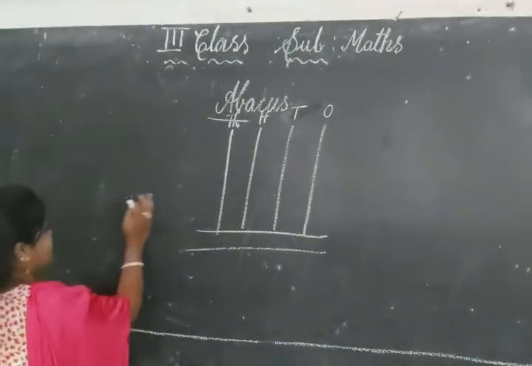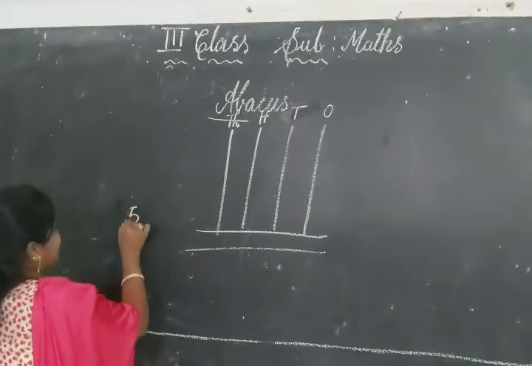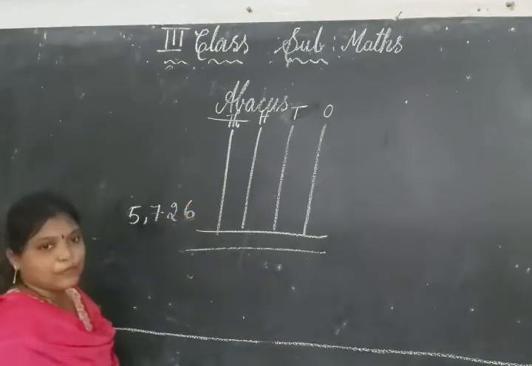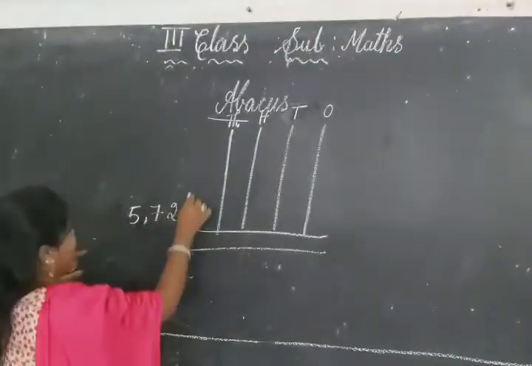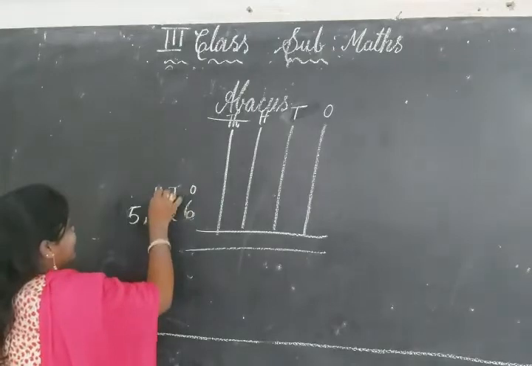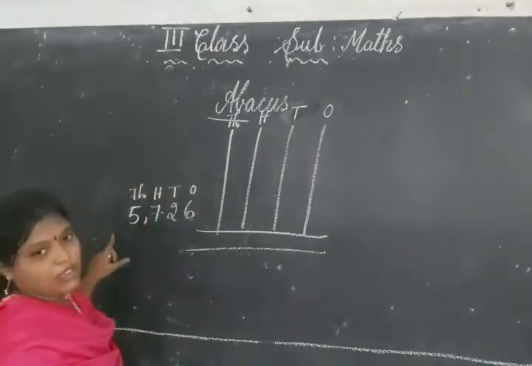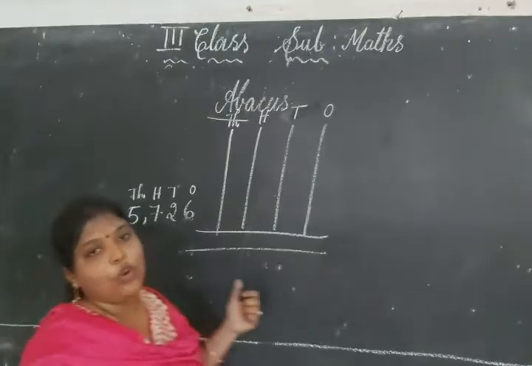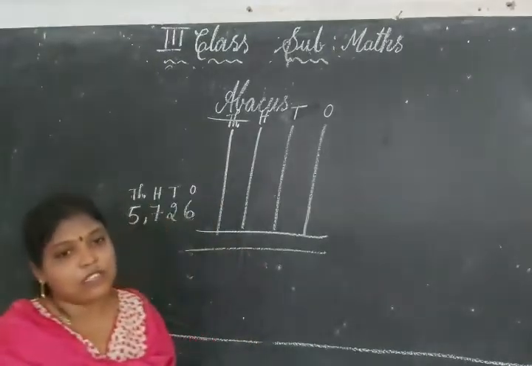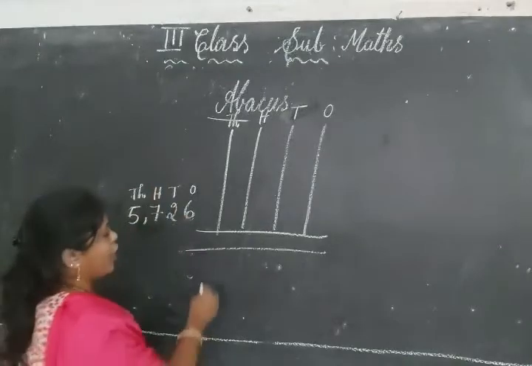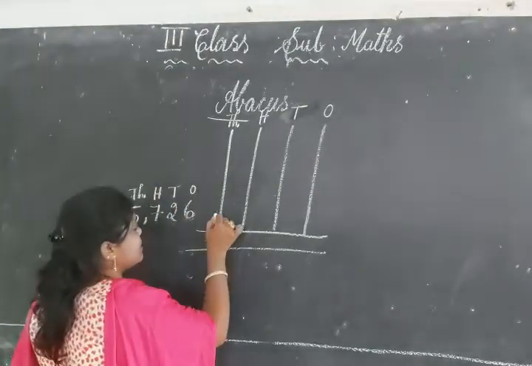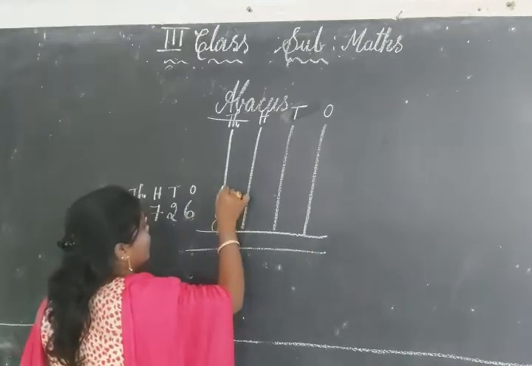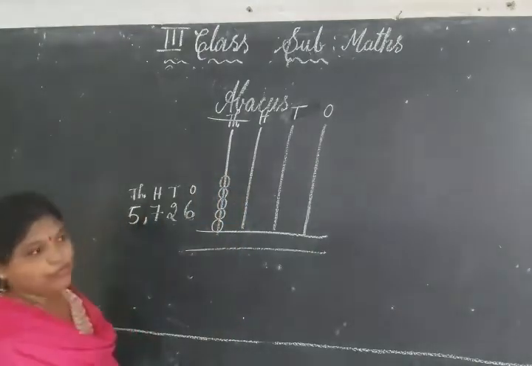For example, 5,726. Come on children, tell me what is the number in thousands place? Here, the thousands place number is 5. So, draw 5 beads in thousands rod. 1, 2, 3, 4 and 5.